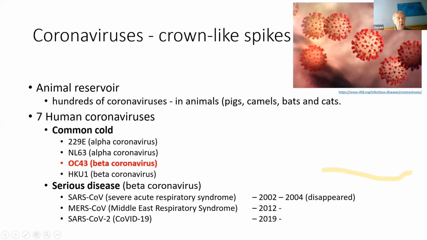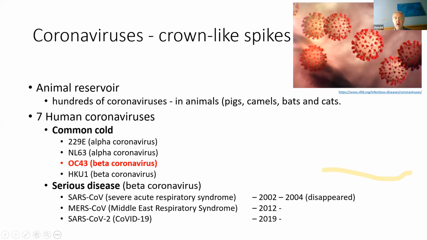SARS in Hong Kong and China, again, it began 2002. There was a big pandemic lasting for 2 years, and then it disappeared. So that's kind of good news, possible good news in terms of what we are facing today. SARS-CoV-1, as it was called, it wasn't called 1, but now we've got 2. It's very closely related to the one we have now.